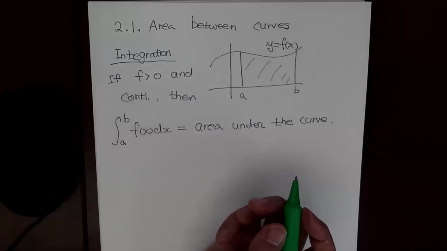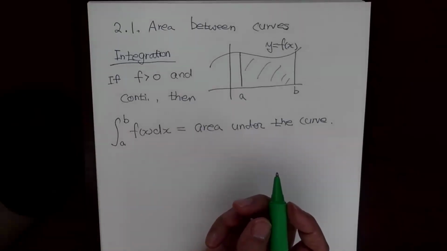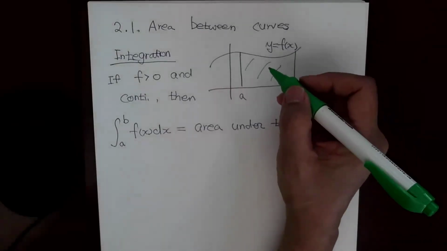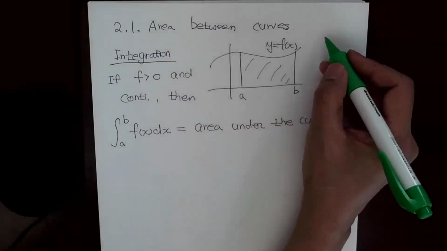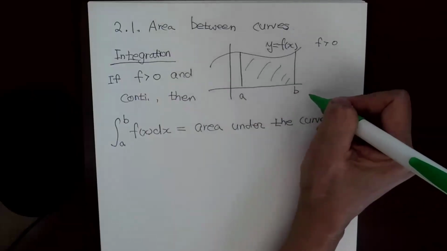What we want to think about in this section is area between curves. Area under the curve means we think about a function located above the x-axis.